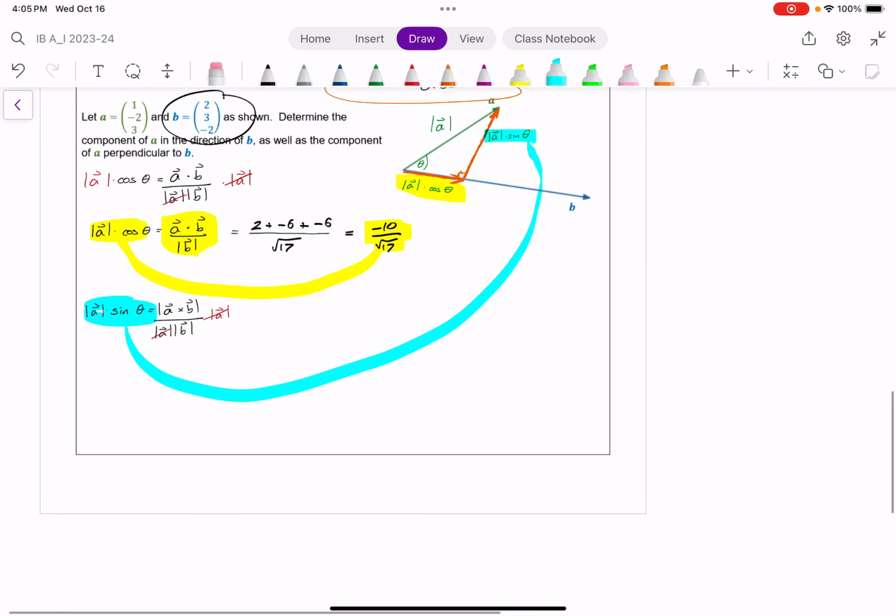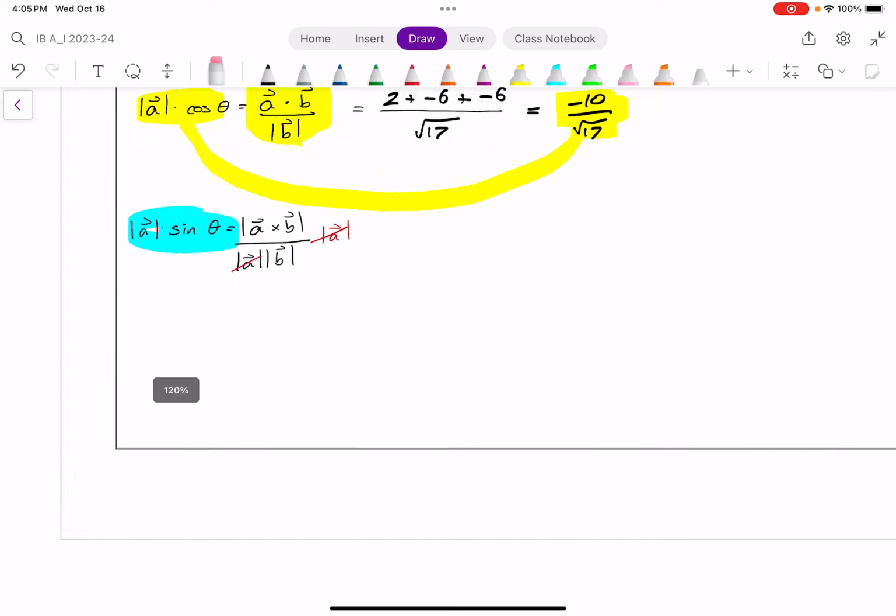Everything that remains on the right-hand side will be equivalent to the component of A perpendicular to B.